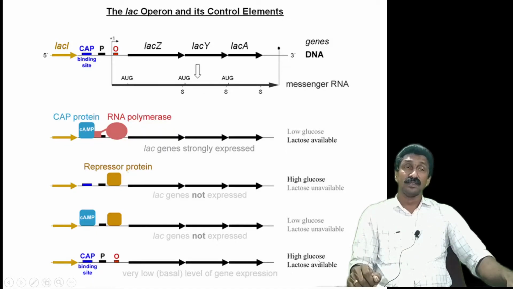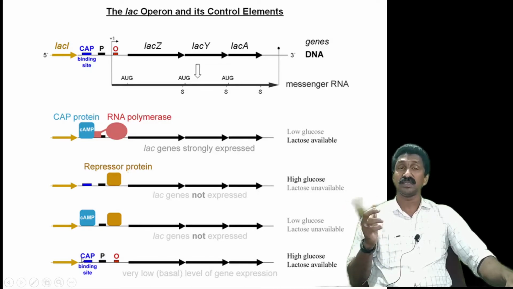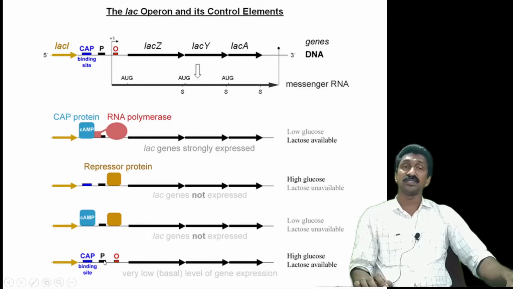transcribed. And the last case, both high glucose and high lactose. At high glucose, the CAP binding site cannot be occupied by the cAMP-CAP complex, since there is high glucose, there is no cAMP. So the promoter region cannot be occupied by the RNA polymerase.